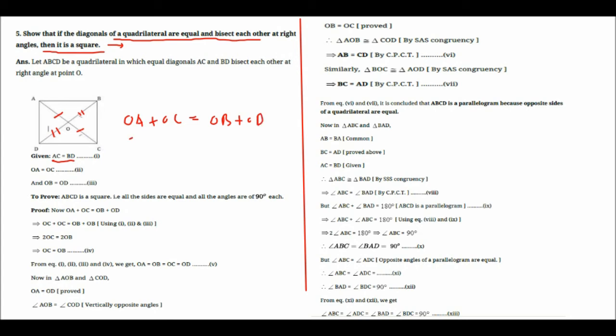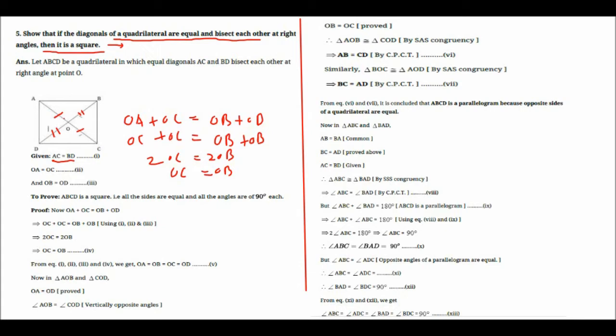But OA equals OC, so in place of OA we can write OC, right? And in place of OD we can write OB, right? So we can say that twice OC equals twice OB. So cancelling, we get OC equals OB, right?